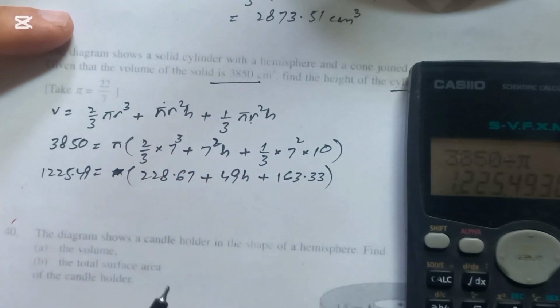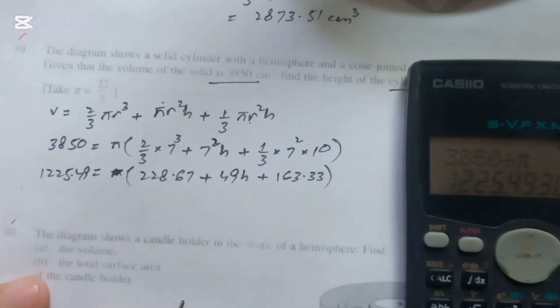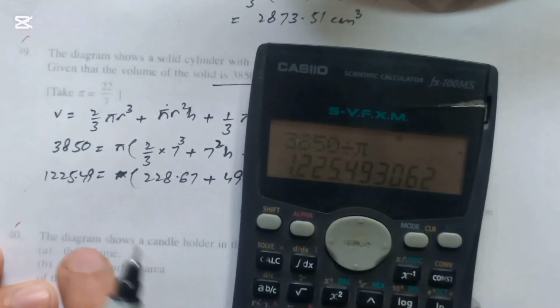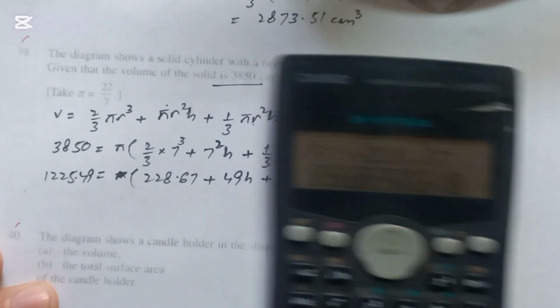Remove pi from here now. Okay, at this step, this will be subtracted from this value, minus 228.67 equal to this.